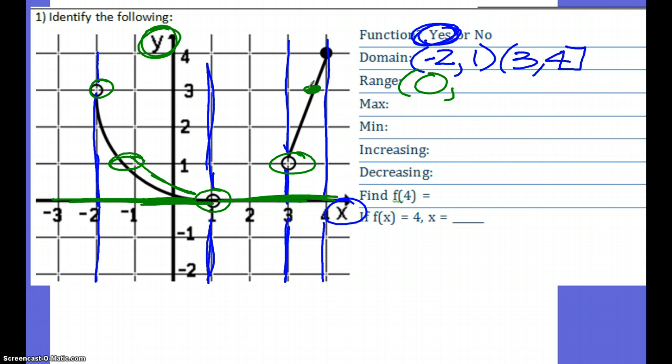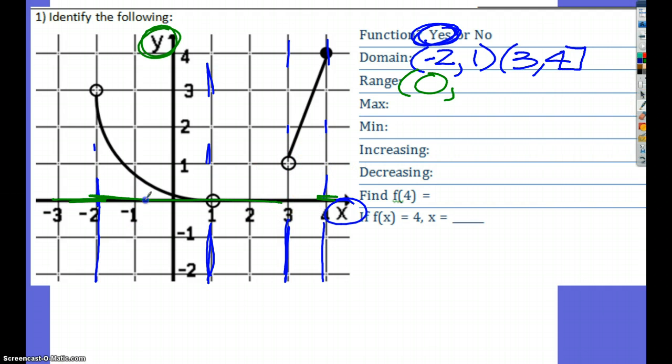In this particular one, for the range, it includes everything in between 0 and 4. So the highest point on this graph, we go from 0 at the bottom up to 4 is the highest place that we reach. 4 is closed, so box it.